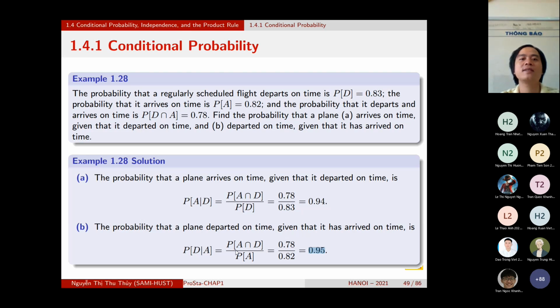Who can answer this question, please? Any volunteer? Can you compare P(A given D) and P(D given A) or not?